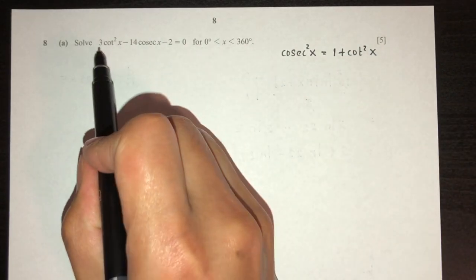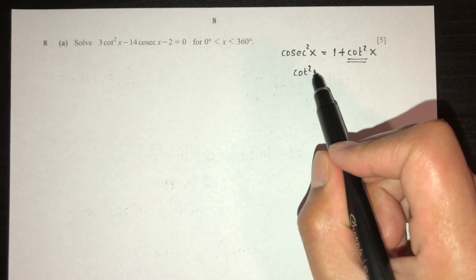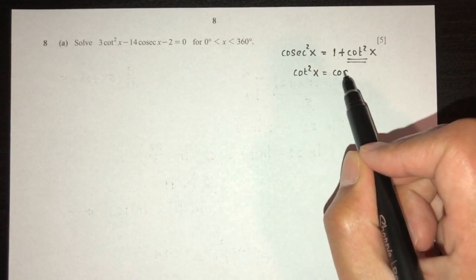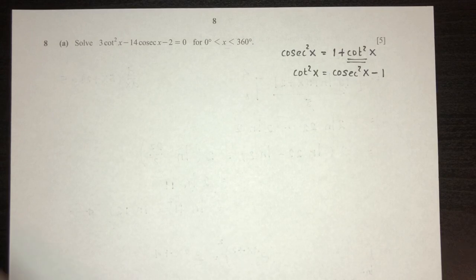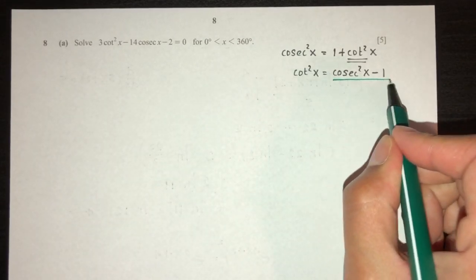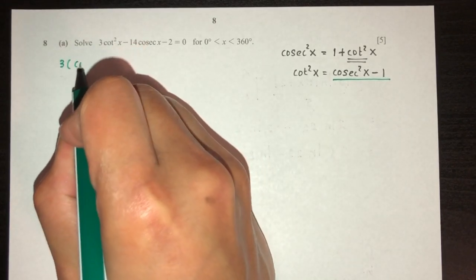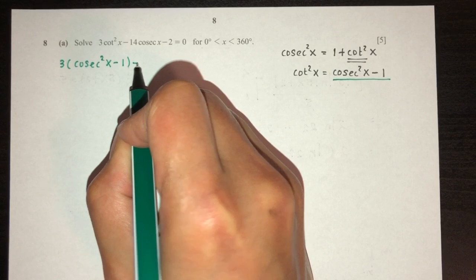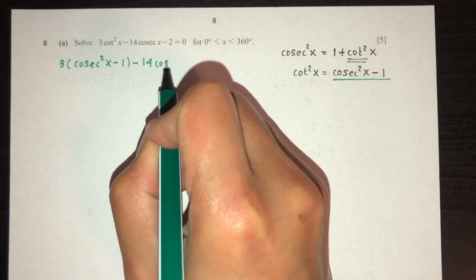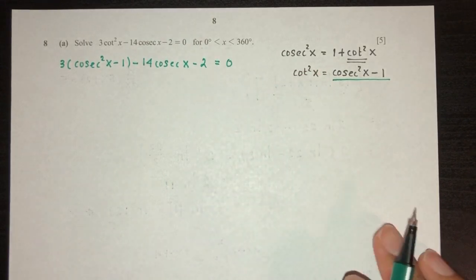So here we can replace this one by this one. So cot square x has to equal cosec square x minus 1. So replace this one back in your equation. You will have 3 times cosec square x minus 1, minus 14 cosec x minus 2 is equal to 0.